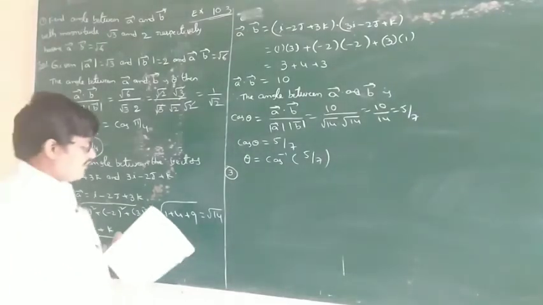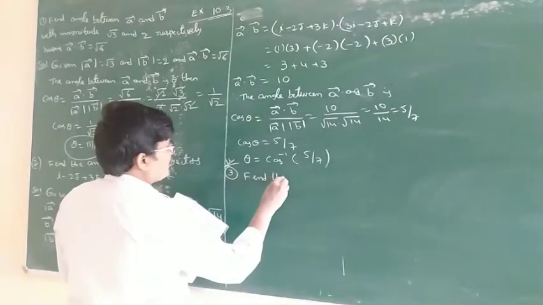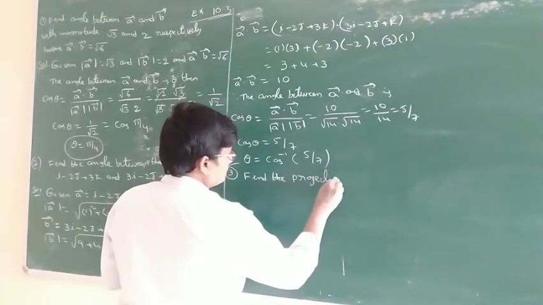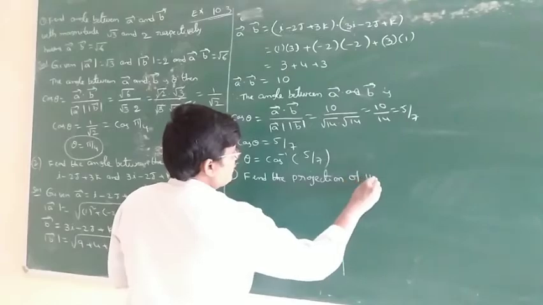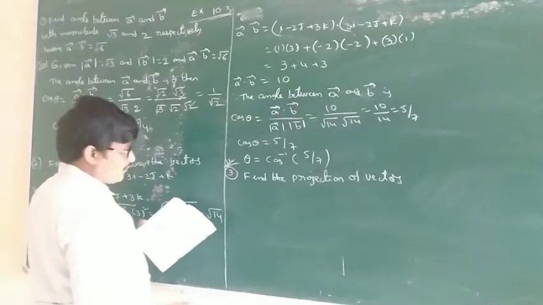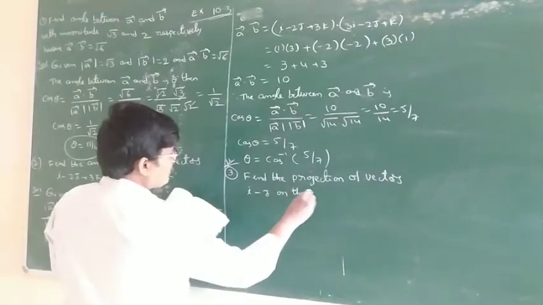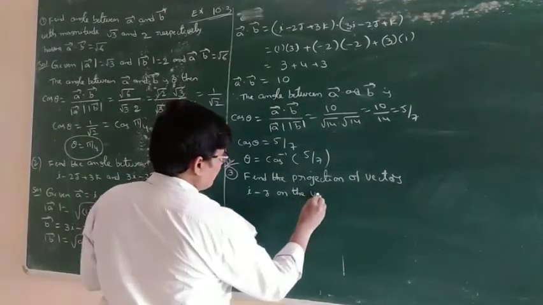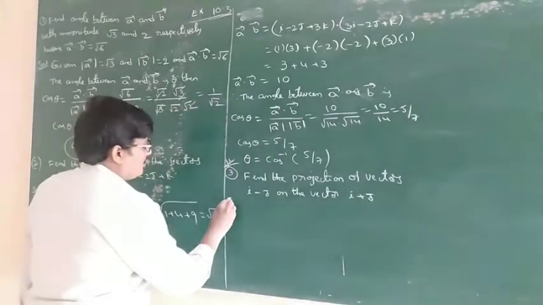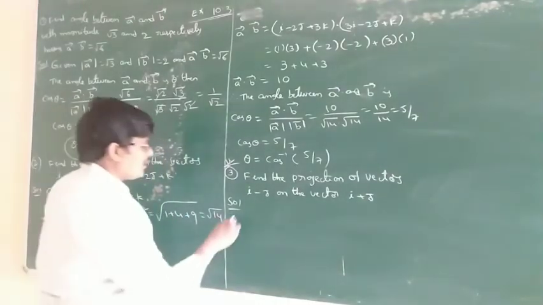Find the projection of the vector. Very important. Find the projection of the vector i minus j on the vector i plus j. The projection of vector A on B, formula: A dot B by mod B bar.